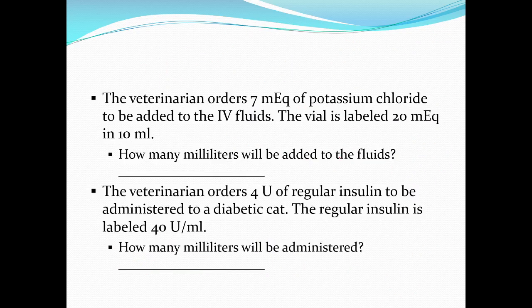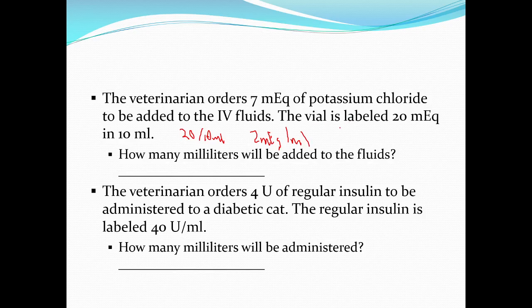We're going to add 7 milliequivalents of potassium chloride to the IV fluids. The vial is labeled 20 milliequivalents in 10 mLs. That's a concentration. Okay, so 20 milliequivalents in 10 mils is going to be 2 milliequivalents per mil.